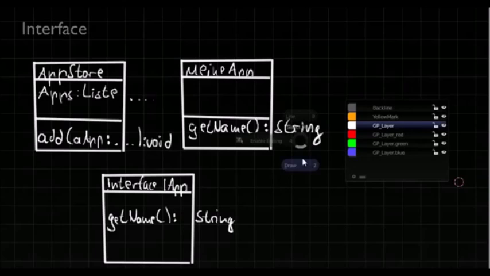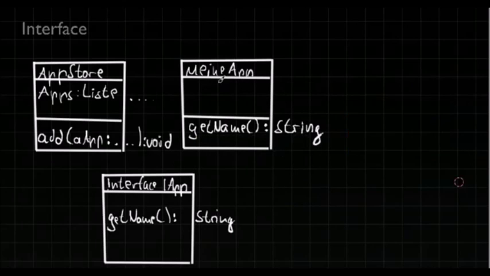And now I can say that my future app, which is yet to be created, has to implement the method which is described in this interface. That means that my app, if I would build it, would be called something like public class MyApp.